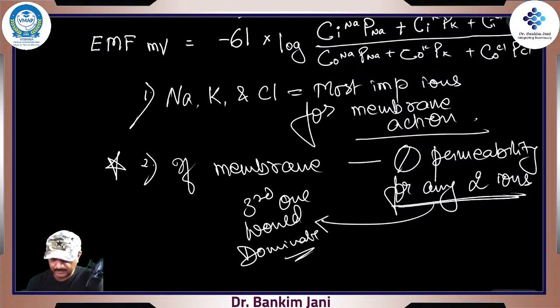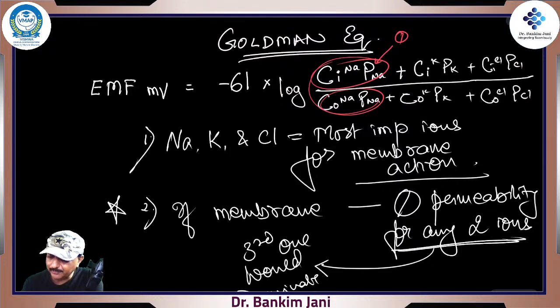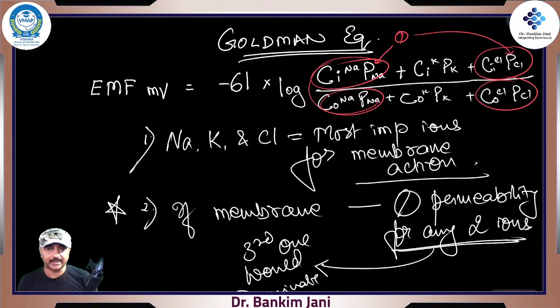Let's say permeability becomes zero, then this value becomes zero. If this value becomes zero, this entire thing is zero, this is zero, and if this is also zero, only the potassium will be dominating.